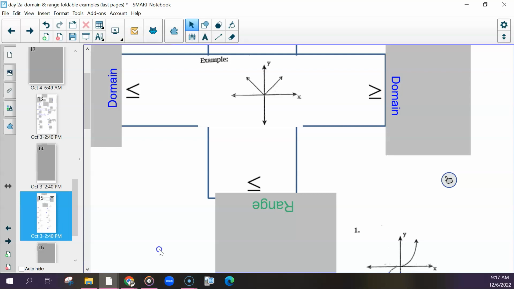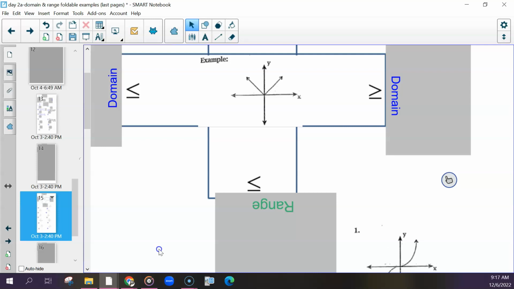These don't have grid lines, and these have arrows instead of endpoints, which means we're not ending. It's going to keep going. So anytime you see arrows, think about it like it's going to keep going off the page, off the example, off the graph, forever and ever in one direction or the other.